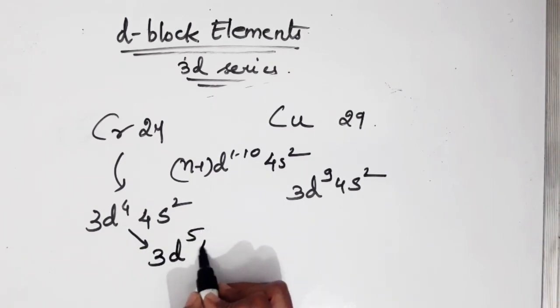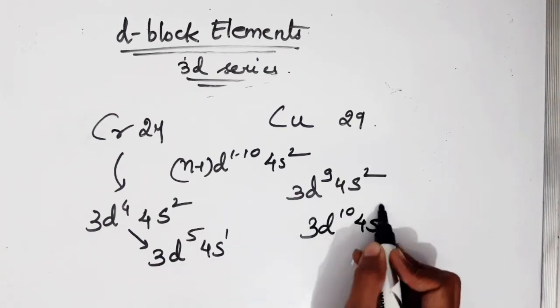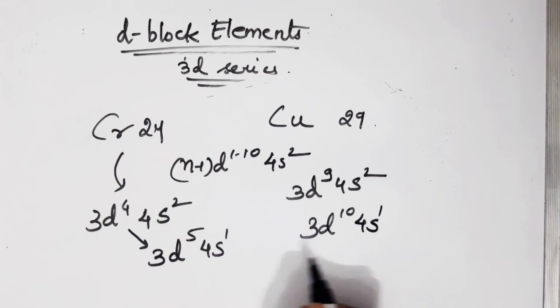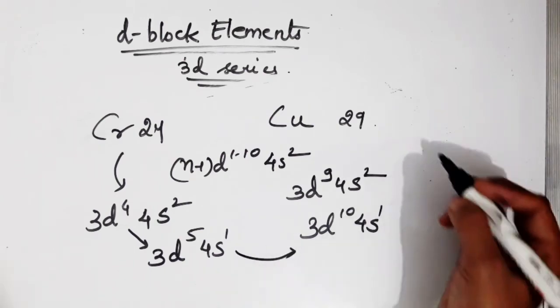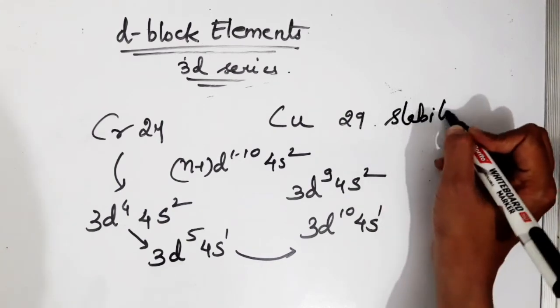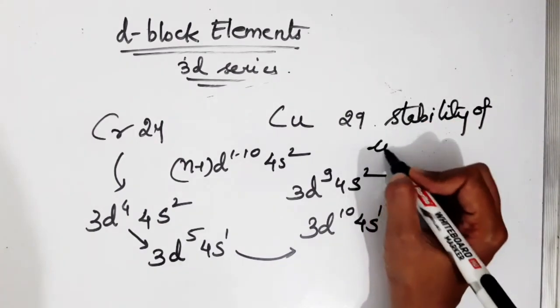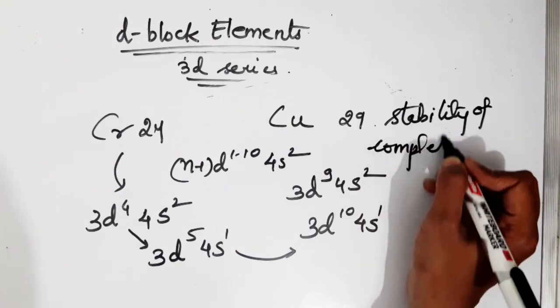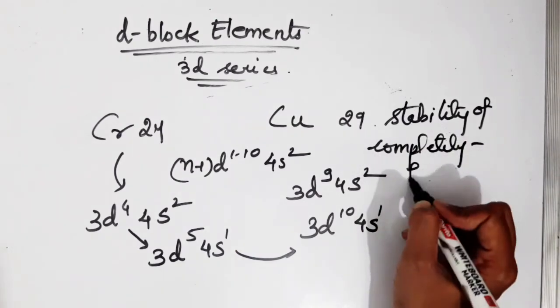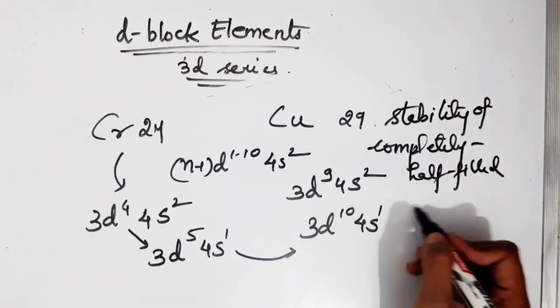It is 3d5 4s1 and 3d10 4s1. So these are exceptions, and the reason for this is the stability of completely filled and half filled configuration.